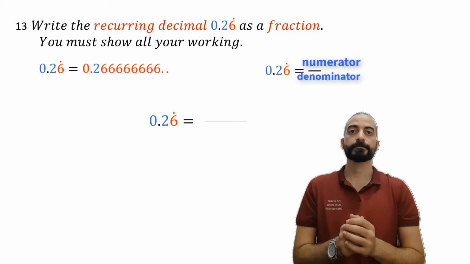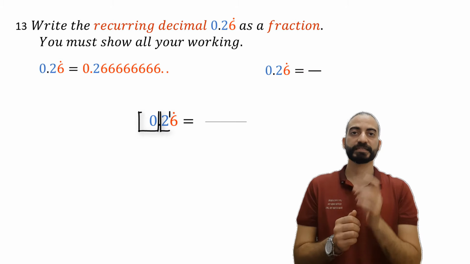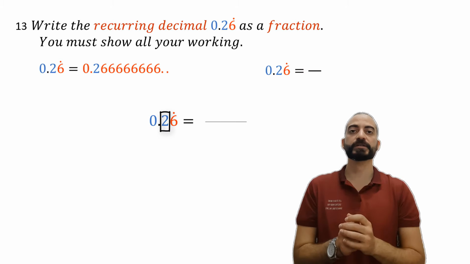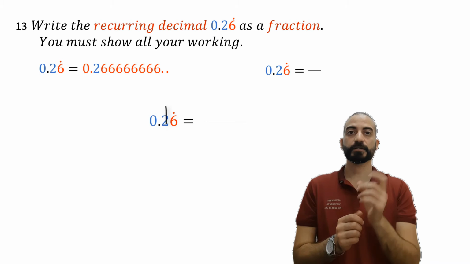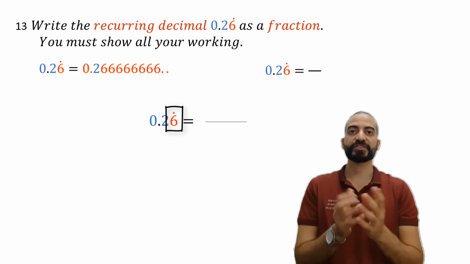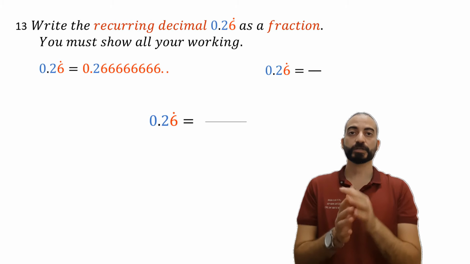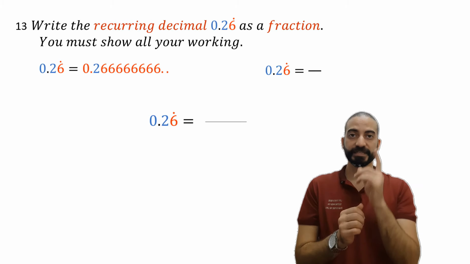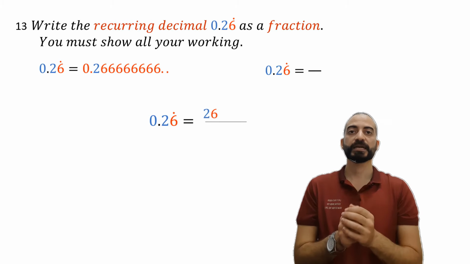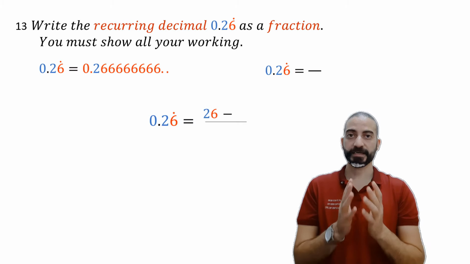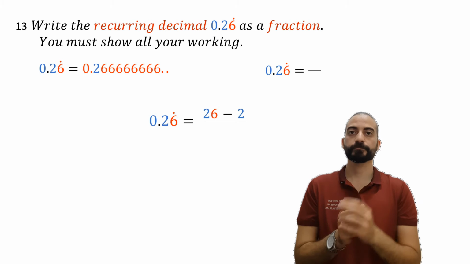When we have this form, meaning here is a 0 and here there are non-repeating numbers and recurring numbers, we can use this method, which is we write all the numbers that we have here in the numerator, and then we write minus. Now we write the non-repeating numbers, which is 2.